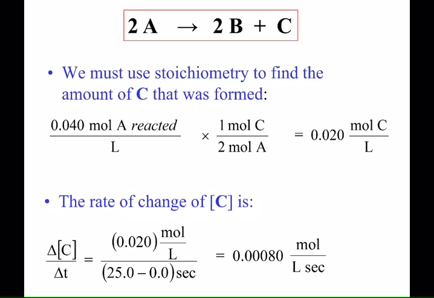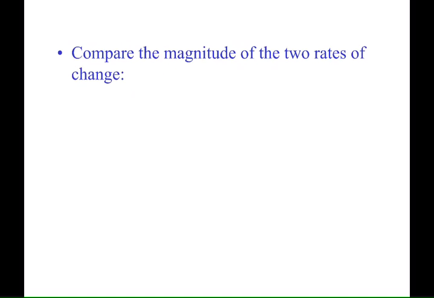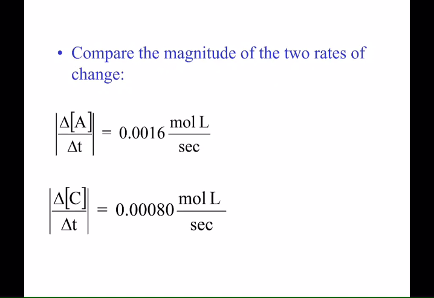If you go back a few slides, we knocked out the rate of change of A over time: 0.0016 moles per liter per second, same time interval. Does that make sense, that this is actually twice that? Okay, good. Here they are side by side.